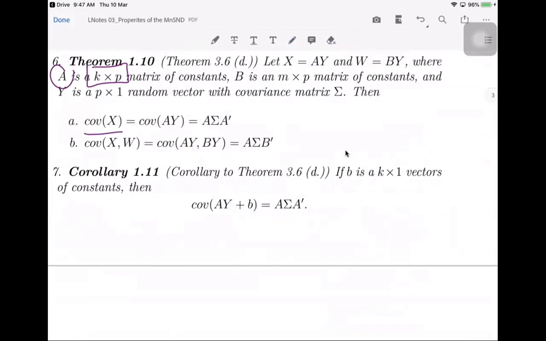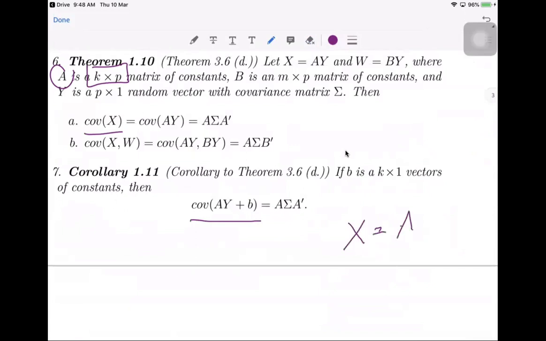And then, if we have a linear combination, our transformation on y gives a new variable x star equal to A y plus b.